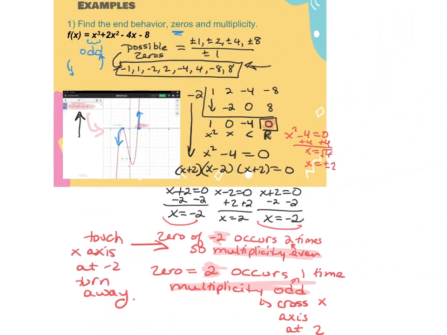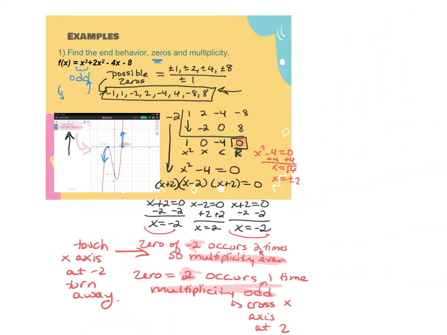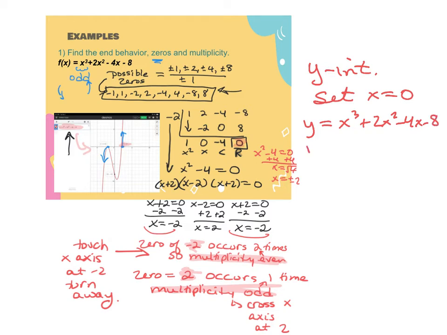So now we're also going to find the y-intercept. Remember, you're going to set x equal to 0. Really, if you look at your function, here's my original equation. I'm going to plug in 0 for all the x's, but really it's just that constant sitting at the end.